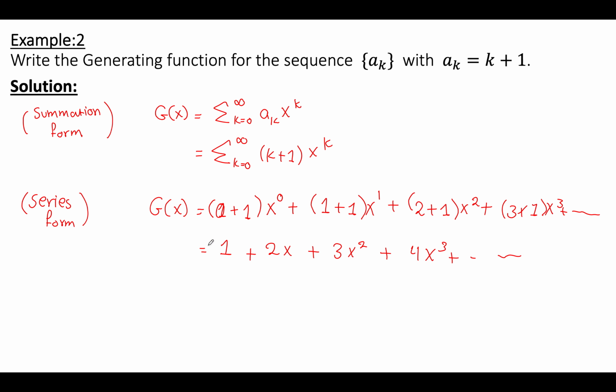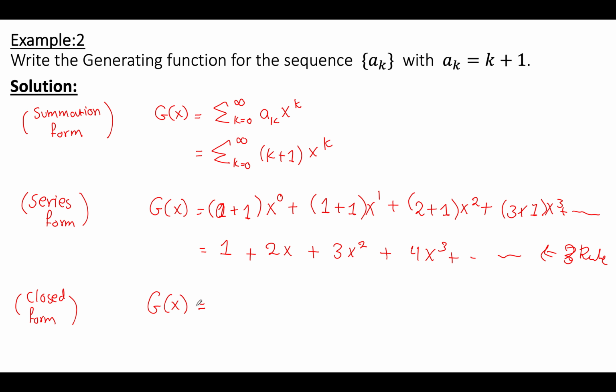Now from the rule we have, which is rule number 3, if you go back to the rules, I can have the closed form as J of x is equal to.